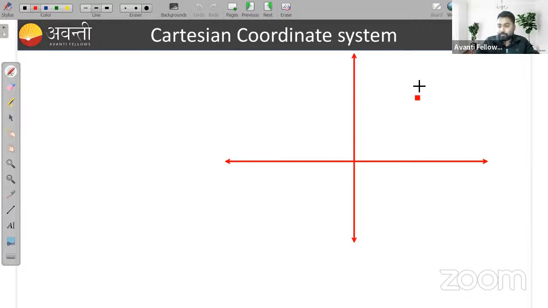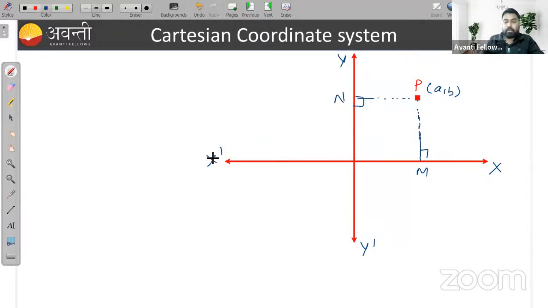Suppose we have a point P in a plane with coordinates (a, b). If I draw a perpendicular from point P to the x-axis, you know this is my x-axis, this is my y-axis, and also drop a perpendicular from point P to the y-axis, suppose this point is N.